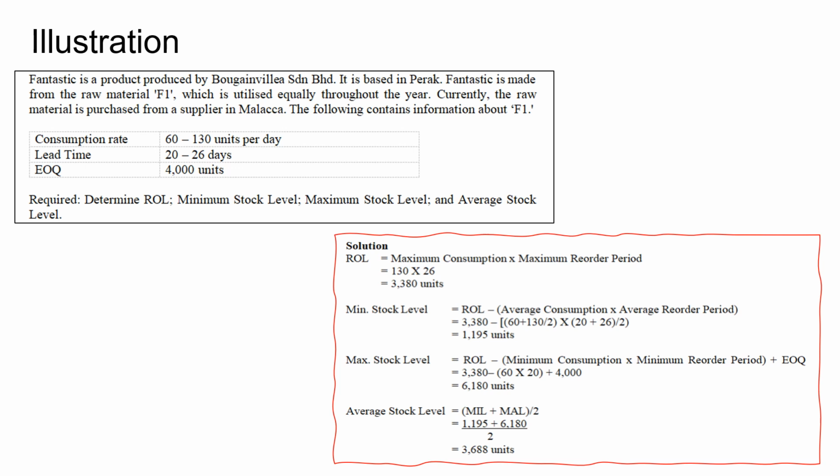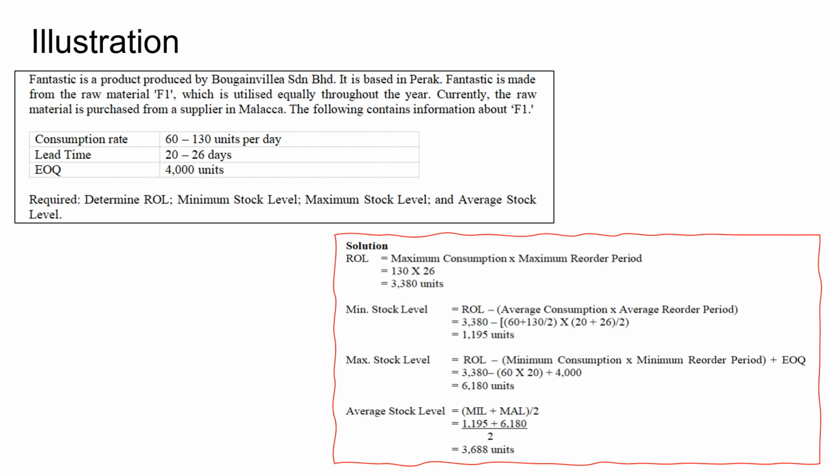After we have the minimum and maximum, then only we can find the average stock level. So we start with the reorder level. Remember, what is the formula? The maximum consumption times the maximum reorder period. Based on the information here, we can see that the consumption rate is 60 to 130.